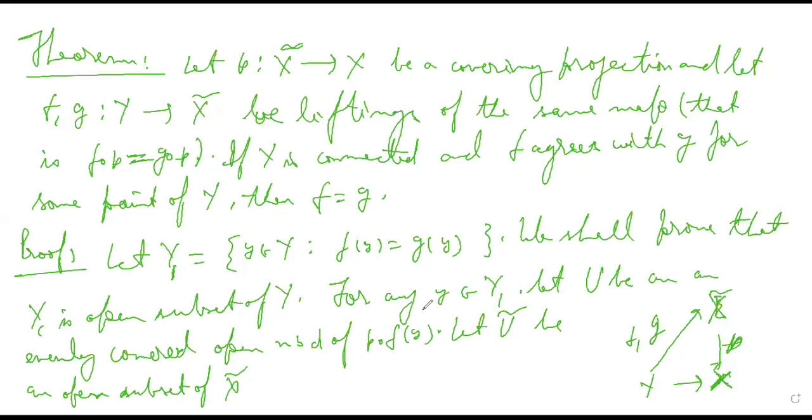Because P inverse U is a disjoint union of open sets, each of which is homeomorphically mapped onto U by P, and P inverse U contains this F(y), F(y) will be one of these disjoint open sets of which P inverse U is made.